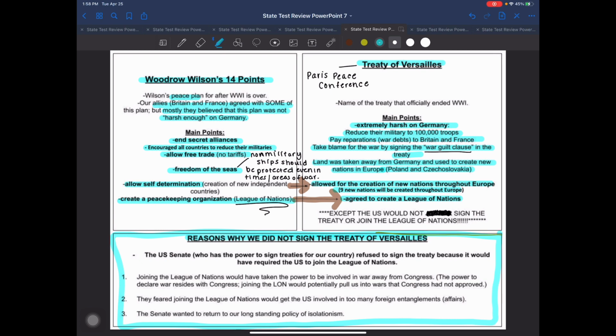If we sign this treaty, if we join the League of Nations, the U.S. Senate, okay, again, who is part of Congress, and Congress is the people who get to decide whether or not this country goes to war. They look at how the League of Nations would operate and they say, this will clearly take away our power to declare war.